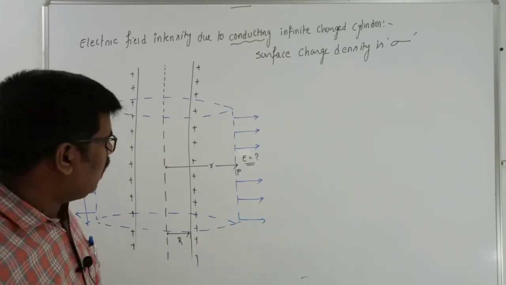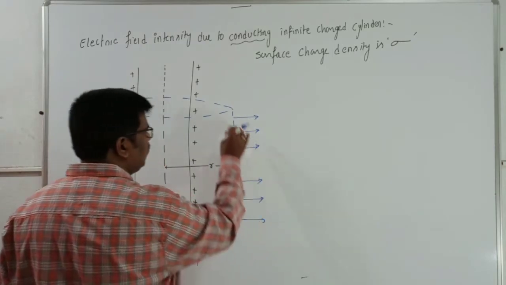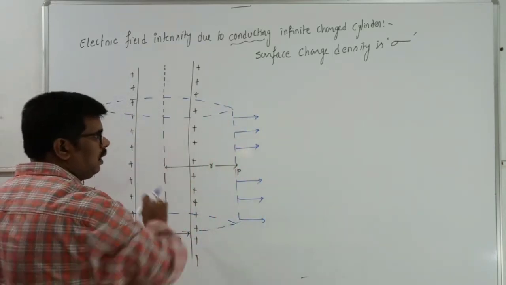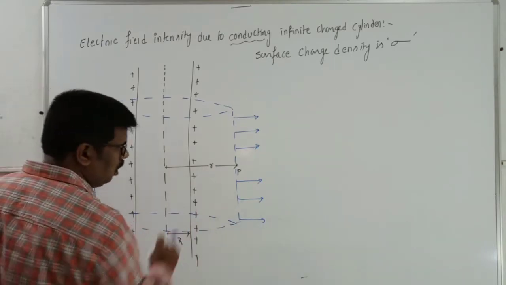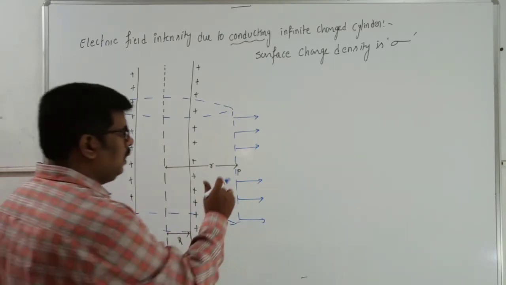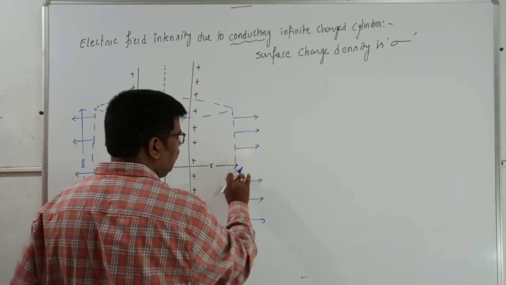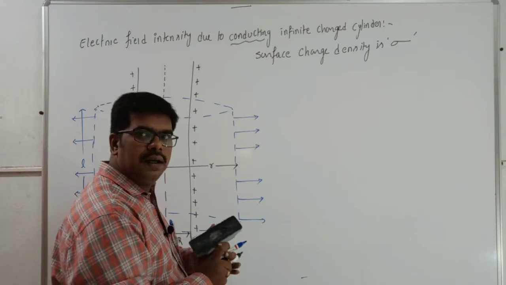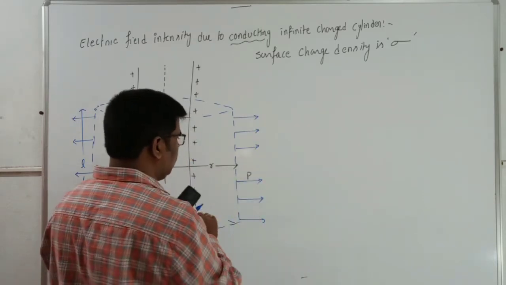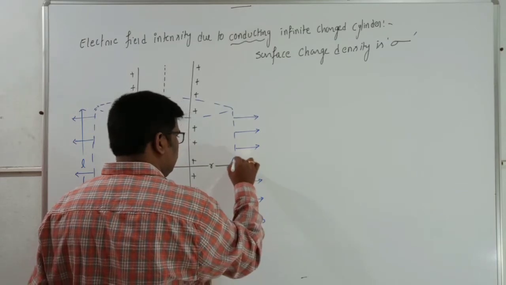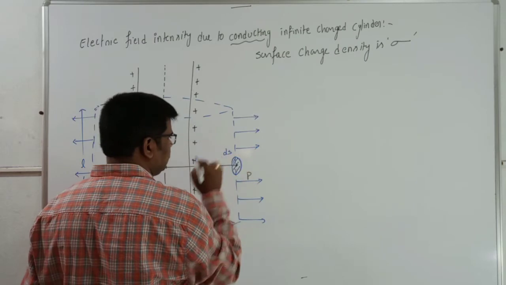Then we want to find the electric field intensity at point P. To find this, the first step we followed was to construct a Gaussian surface of length L and radius r. Now, the next step is to consider a small area. I am taking a small area of this Gaussian surface, whose surface area is ds.